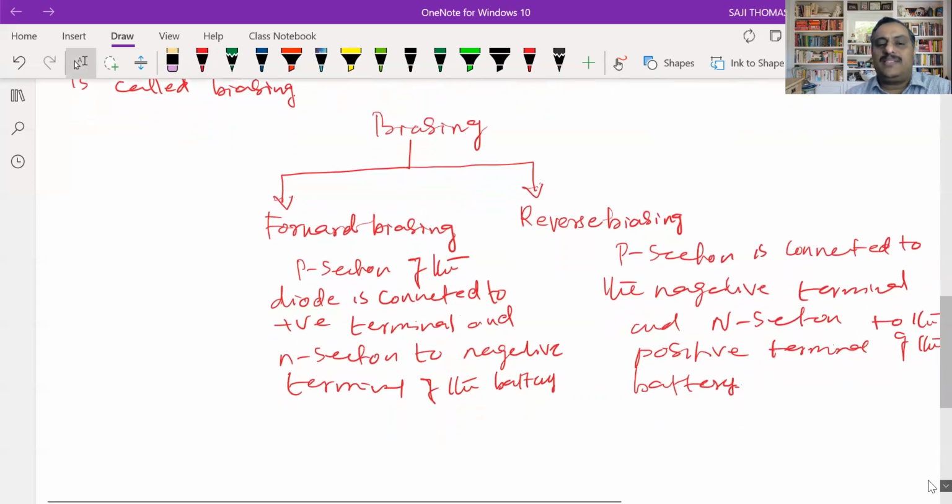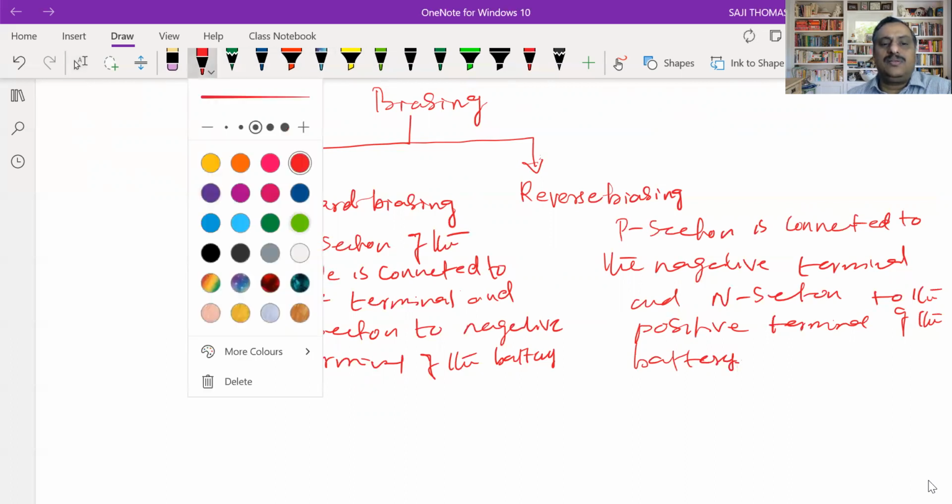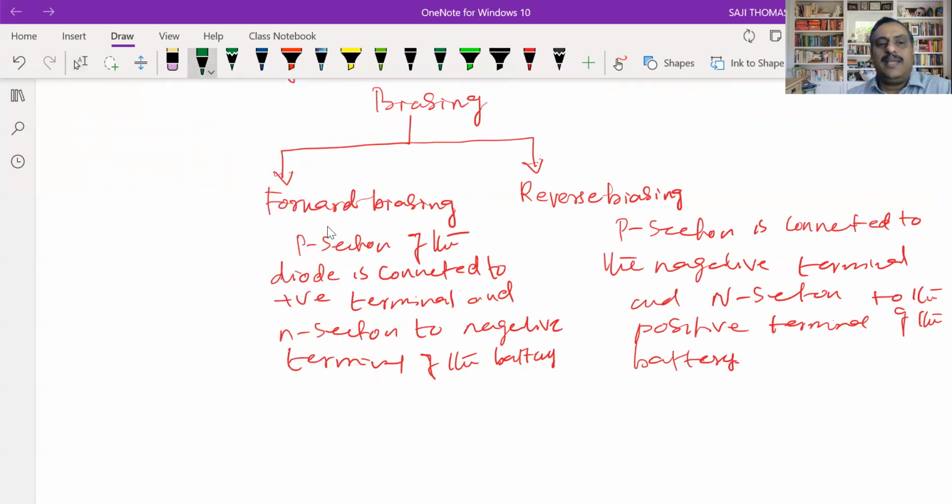So in forward biasing, P section of the diode is connected to the positive terminal and N section is connected to the negative terminal of the battery. P section must be at a higher potential with respect to the N section. Reverse biasing. Here P section is connected to negative terminal of the battery and N section to the positive terminal of the battery.